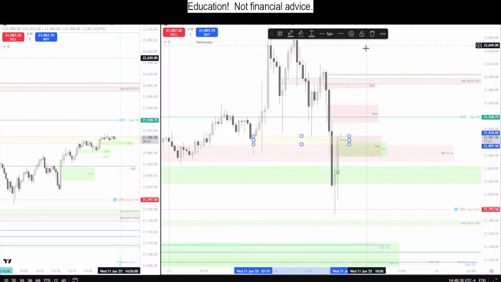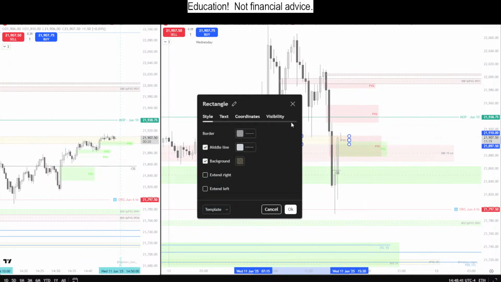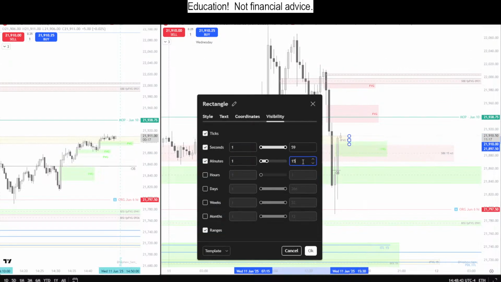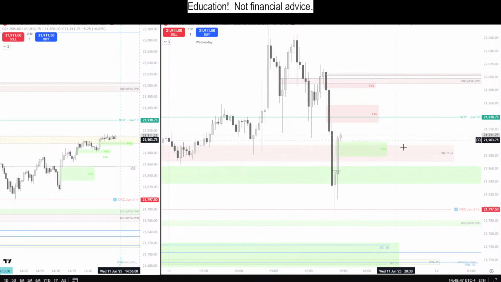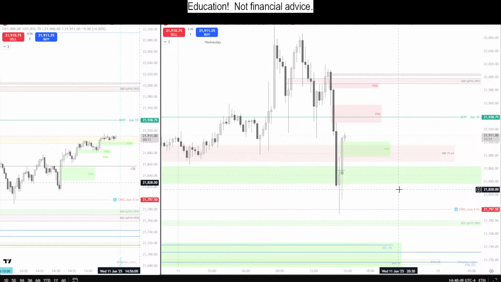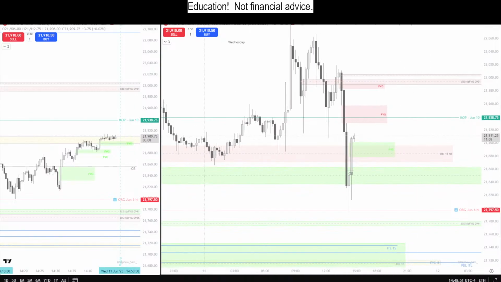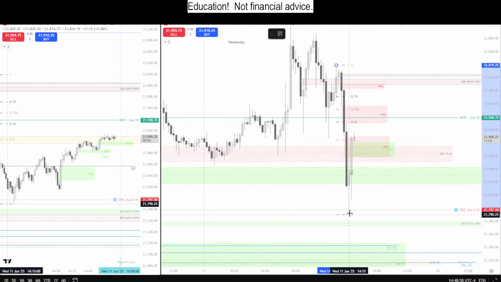I'm going to take this off the 15, clean it up. So now let's put the magnet back on. From there to here, yeah, we've retraced that.